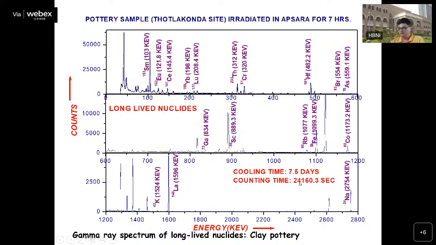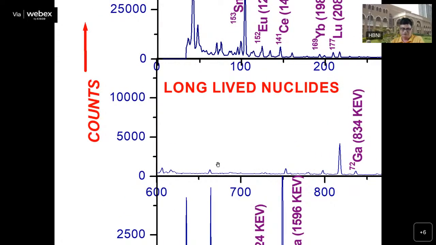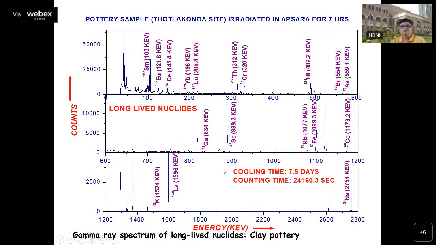This is how we get the gamma spectrum of the long-lived radionuclides associated with the 40 samples. One can find that they contain samarium, europium, cerium, yttrium, lutetium, thorium, chromium, hafnium, bromine, arsenic, gallium, scandium, and rubidium.